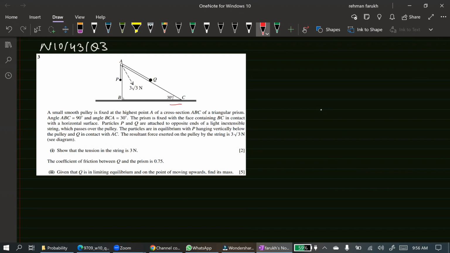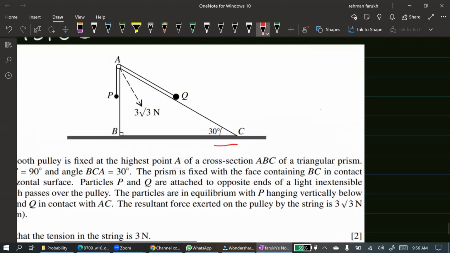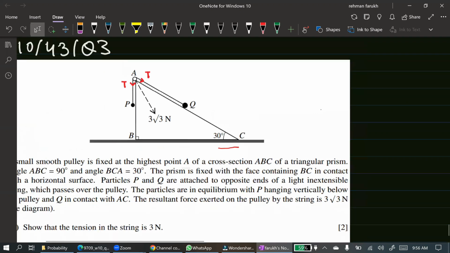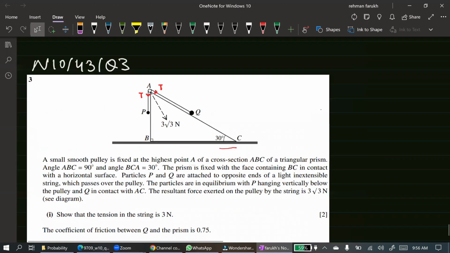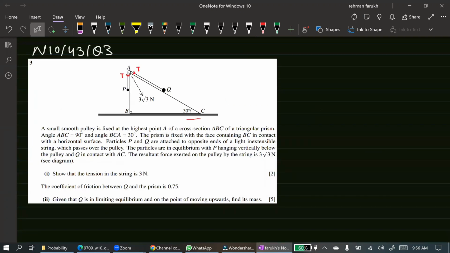Now, this string is exerting force on this pulley A, one from this direction and one from this direction. This force is T, this force is T. As the pulley is smooth, the tension in both parts of the string is the same.